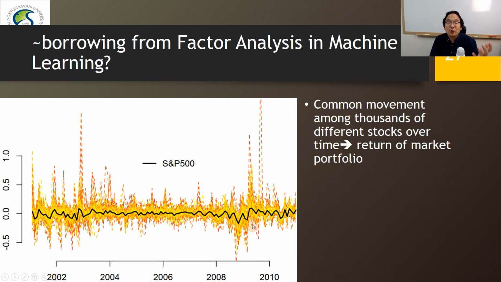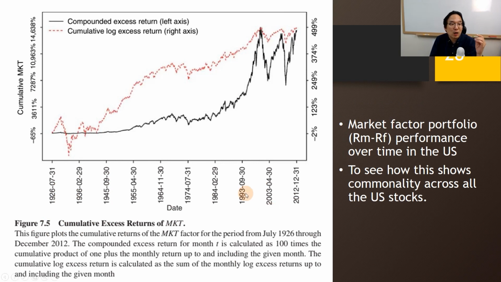How does that market portfolio perform better or worse compared to the risk-free asset? So you construct the RM minus RF portfolio over time and test how it performs. If you accumulate those returns, either compounding or accumulating those excess returns, then you'll see a graph like this.